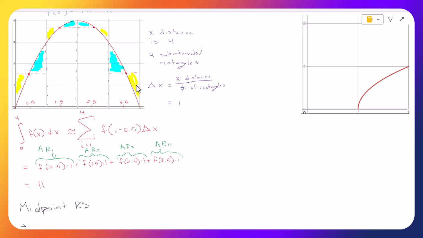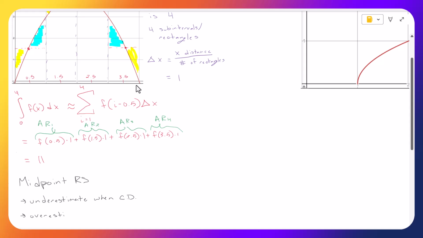So we have an underestimate when concave down, and the other part to that is an overestimate when concave up. So this is an under approximation, an underestimate.